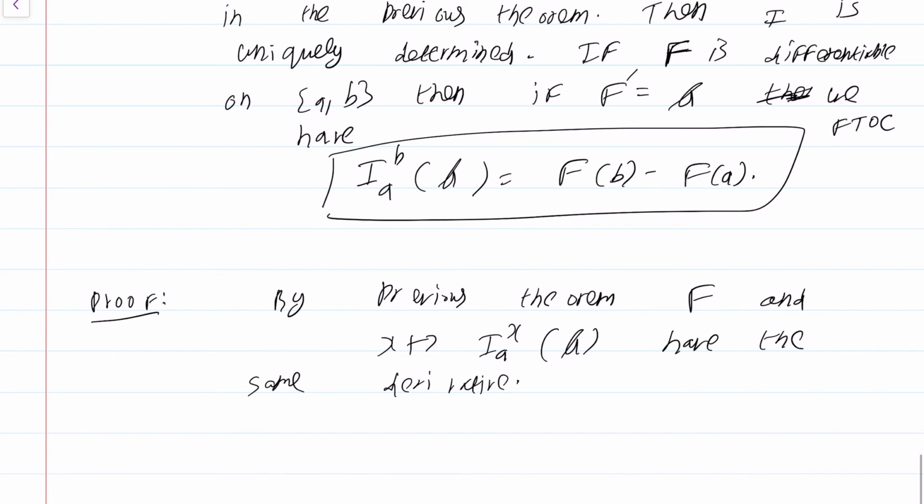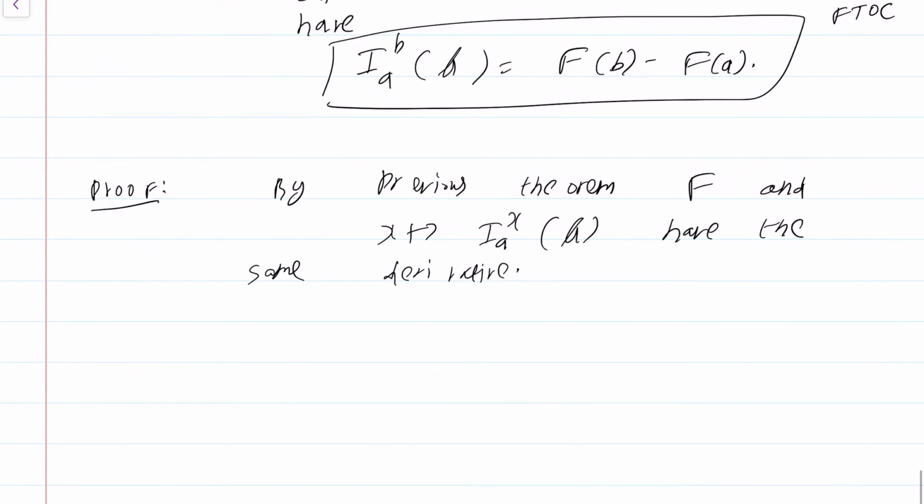Now, if two functions have the same derivative, then you can show that F(x) should be I_a^x(f) plus some constant. This is just one line from a rather important theorem that we saw in the chapter on derivatives. So F(x) is just I_a^x(f) plus c.